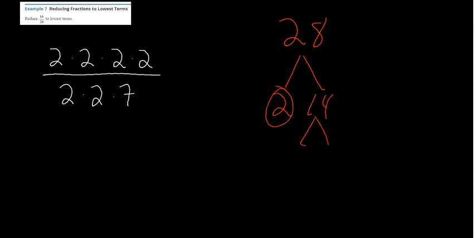Now again, this is just something I know, but if we were to play this out, and I'm not going to do this with every example here, the prime factorization tree of 28 is 2 times 14, and 14 is 2 times 7. So 2 times 2 times 7 is my prime factorization. Okay.